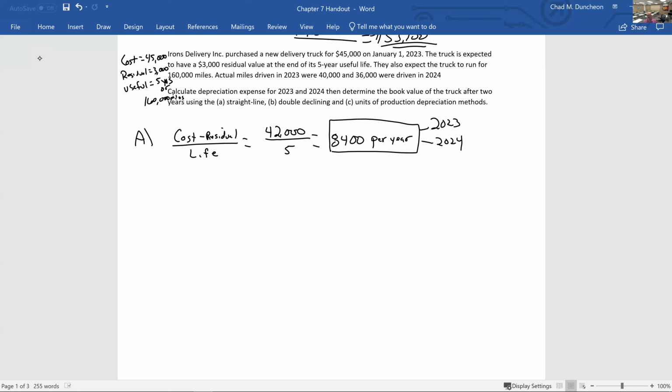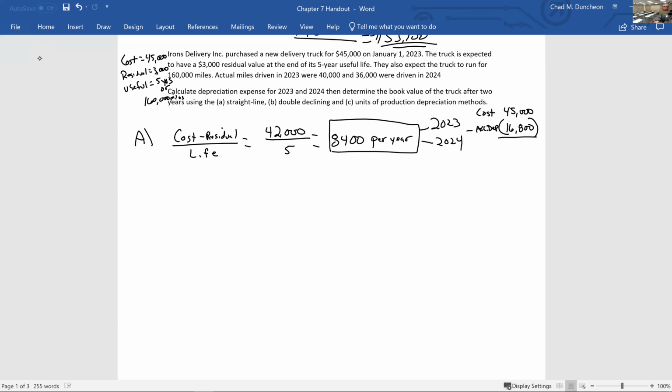It also says to determine the book value of the truck after 2 years. Okay, so our book value would be our cost minus our accumulated depreciation.